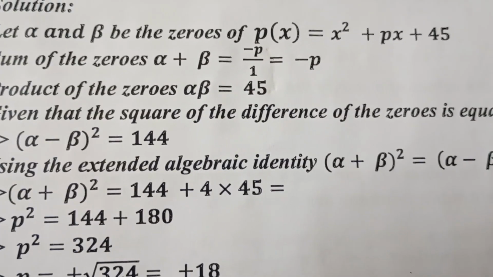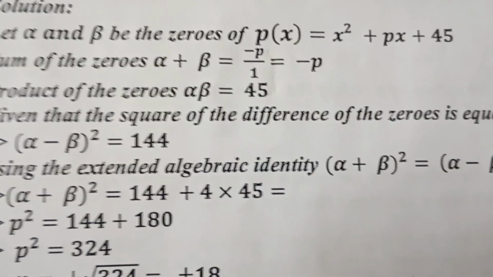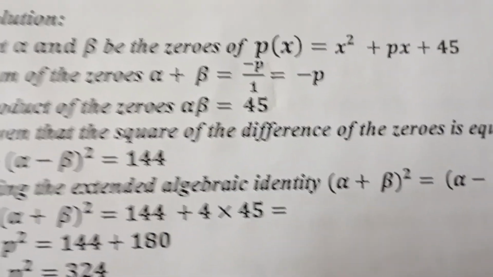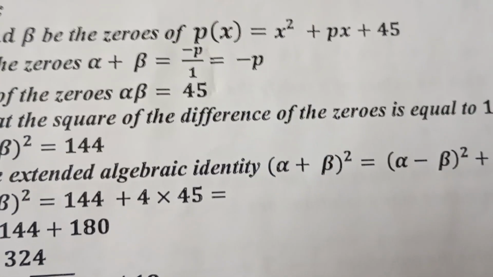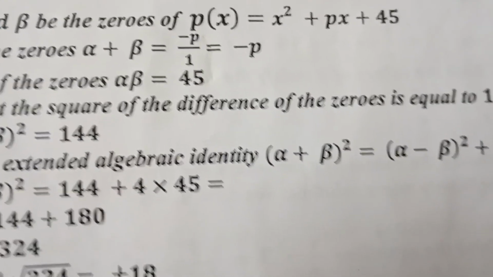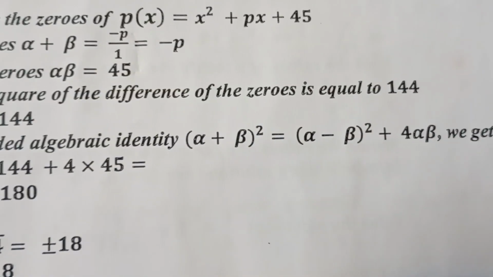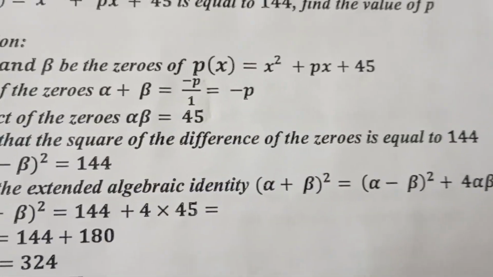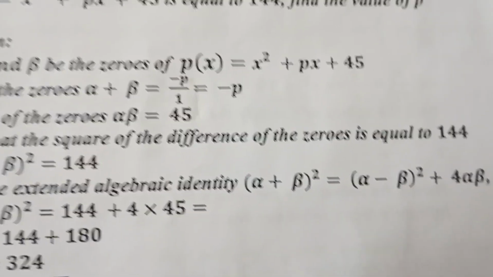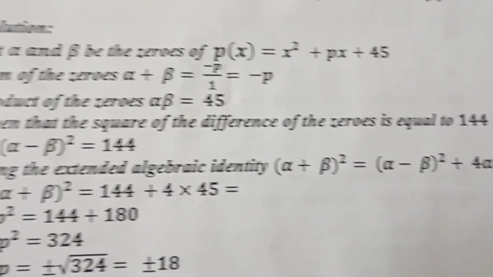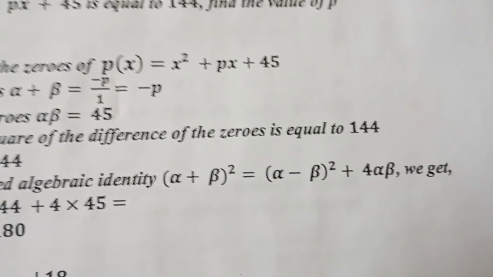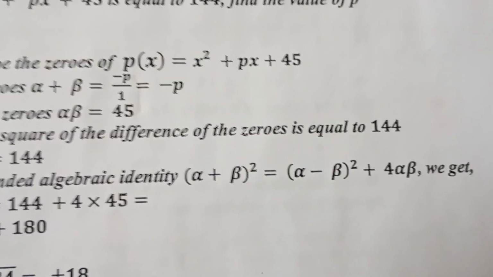Now, we need to use a little bit of an extended identity. We know a plus b the whole squared, which we learnt in 9th standard. So we will use the extended algebraic identity: alpha plus beta the whole squared is equal to alpha minus beta the whole squared plus 4 alpha beta.